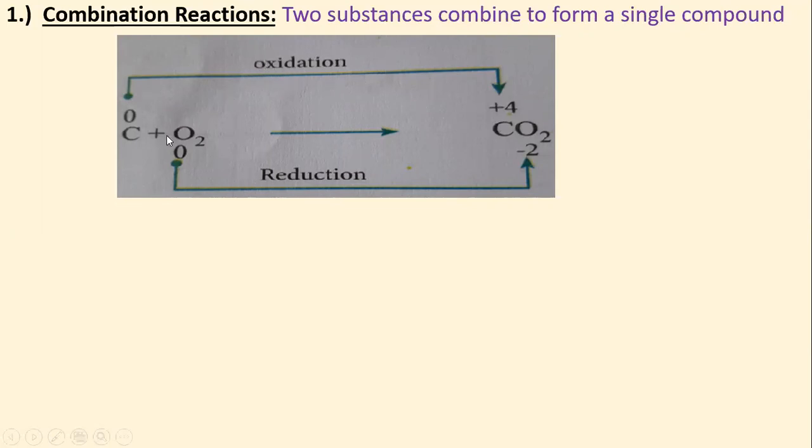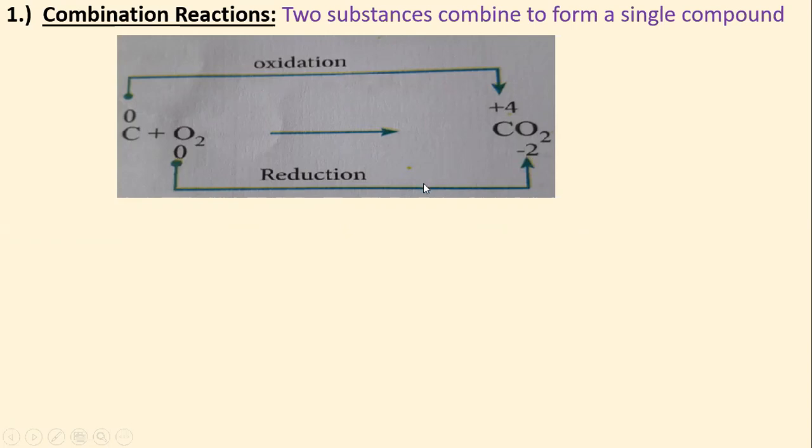Again you have to repeat the same for the other reactant, oxygen. Here it is present in the elementary state, so it goes from 0 to -2. So it gets reduced, which means that is a reduction reaction.